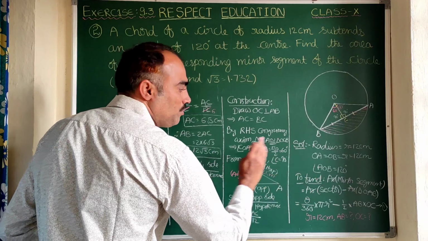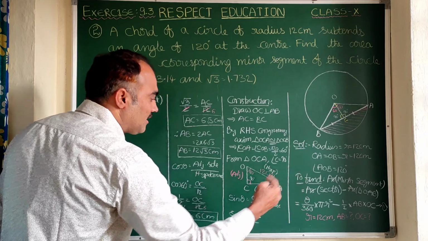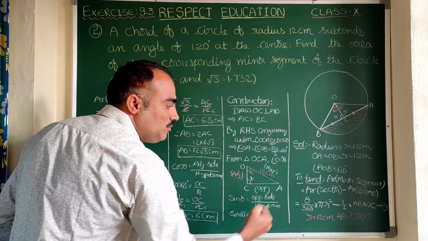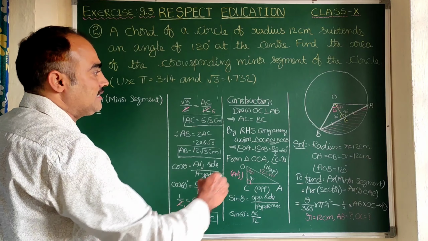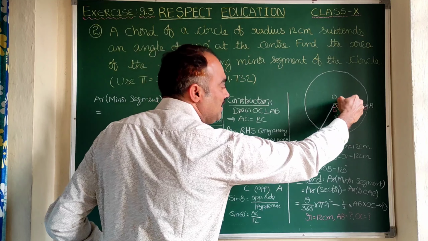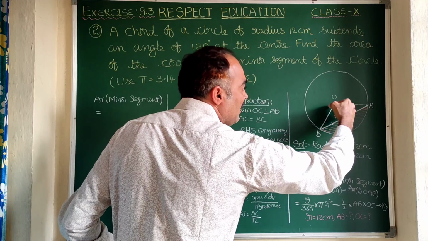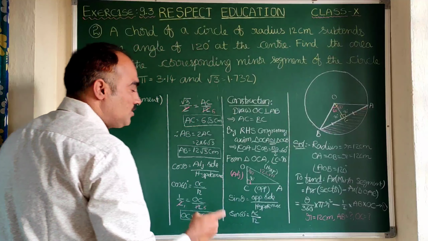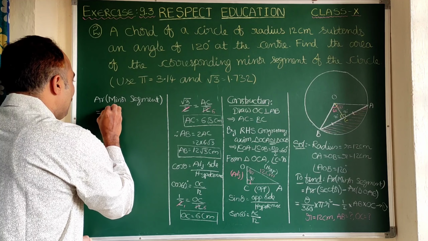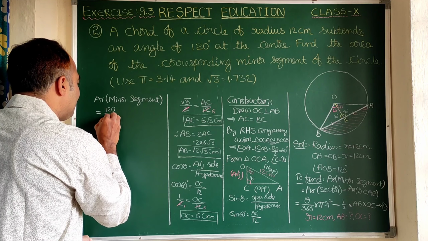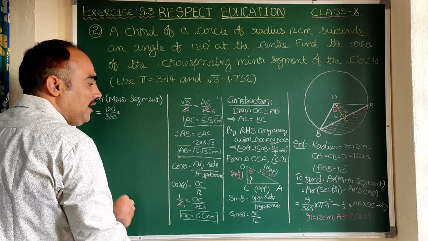Area of the minor segment is equal to area of the sector, that is theta by 360 into pi r square. Here theta means this is the sector, the sector angle is 120 degrees. So let us write 120 degrees out of 360 into pi r square.